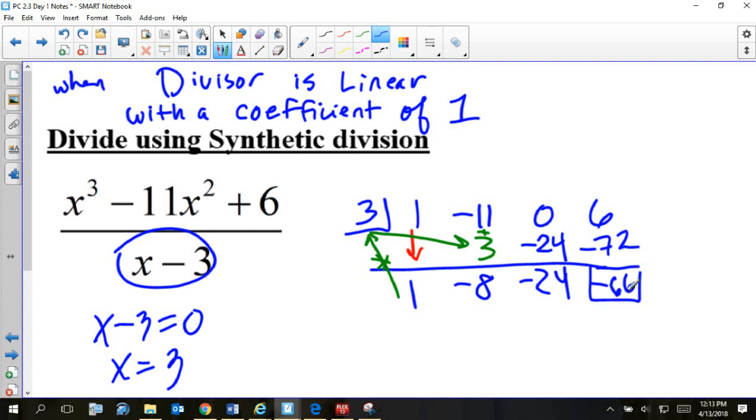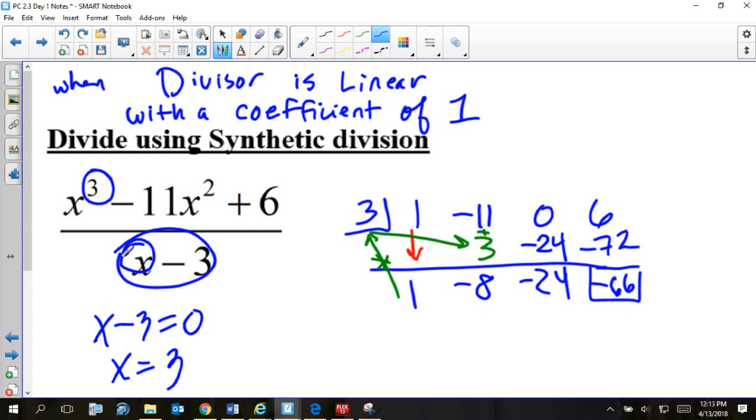I'm going to box that up. So what we have is we've done division, and these are the coefficients for the quotient, the answer. But we started with a cubic power, and we divided out one of those x's. So when we have a cubic and we divide out one of the x's, we're now quadratic.